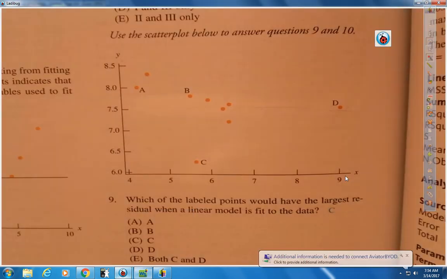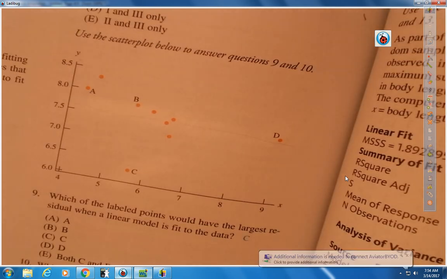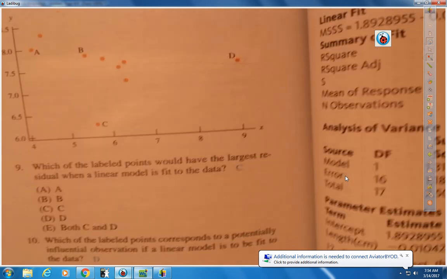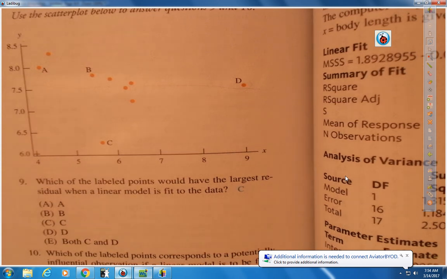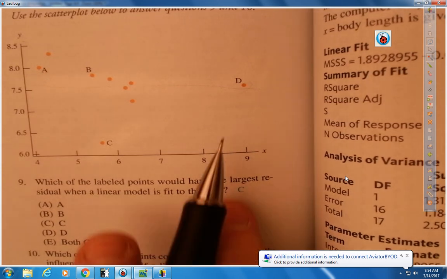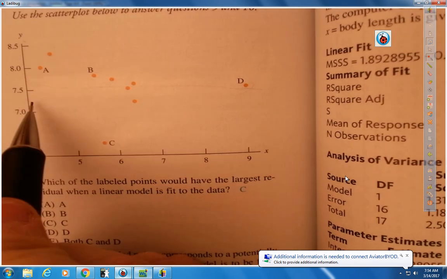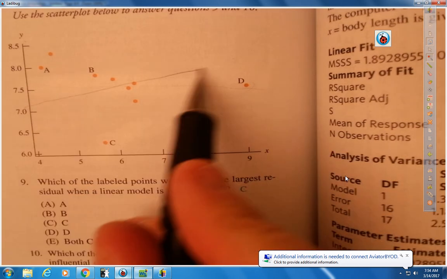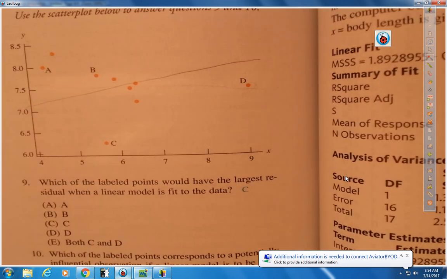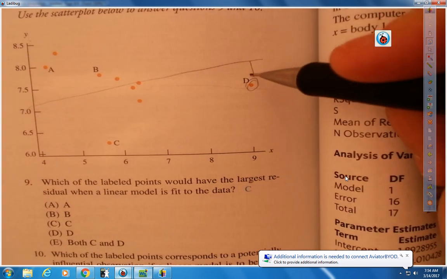All right, so let's take a look at this. If I was to fit a line to this, my line is actually going to be pulled by this influential observation. Now, the outlier is going to pull it somewhat too, but the line's probably going to look something like this. Okay? This D pulls this part of the line towards it.